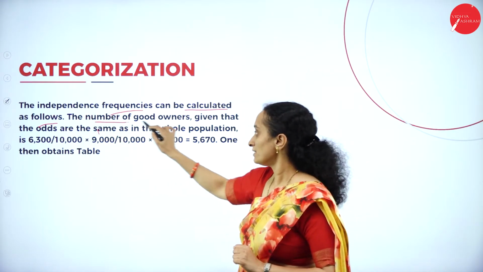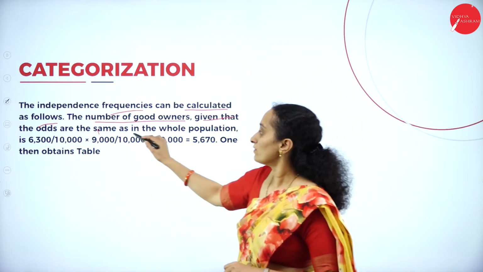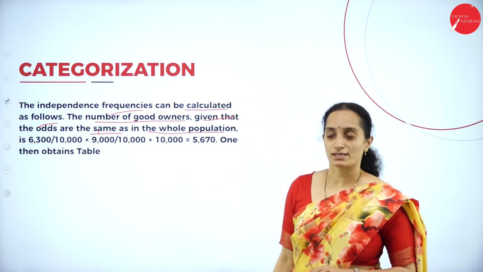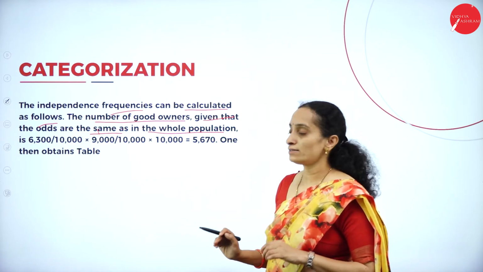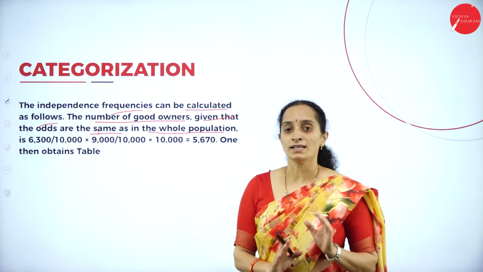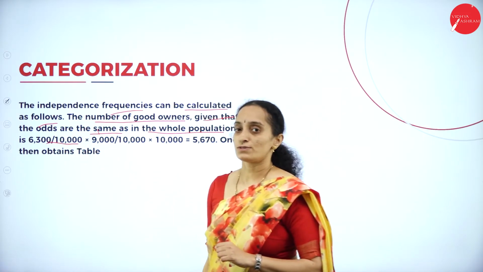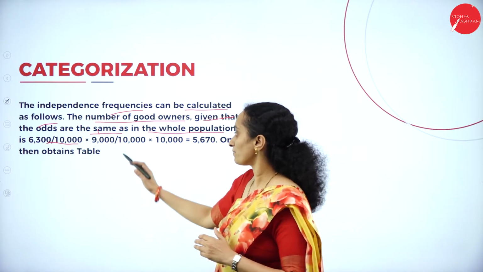Independence frequency is the number of good owners given that the odds are the same as in the whole population. Considering the number of good owners, given that odds are the same, that of good owners is 6,300 divided by 10,000 into 9,000 divided by 10,000.